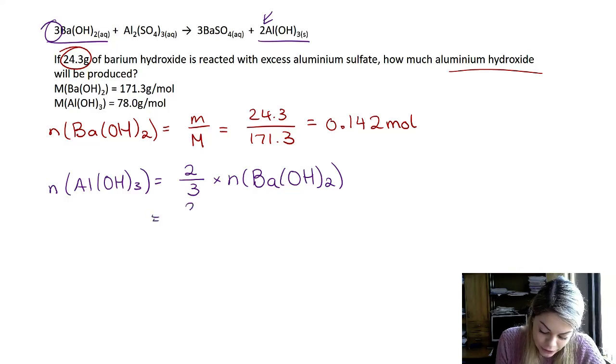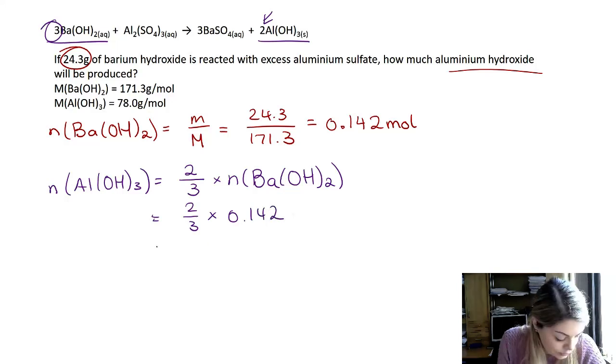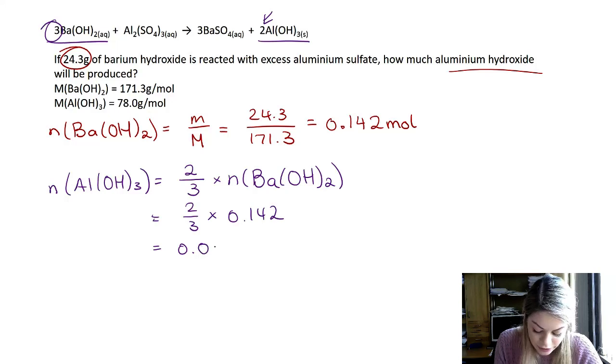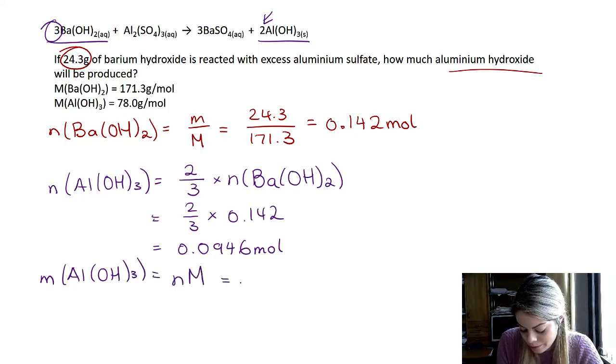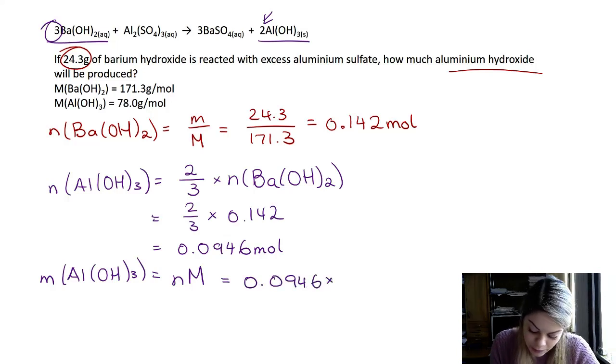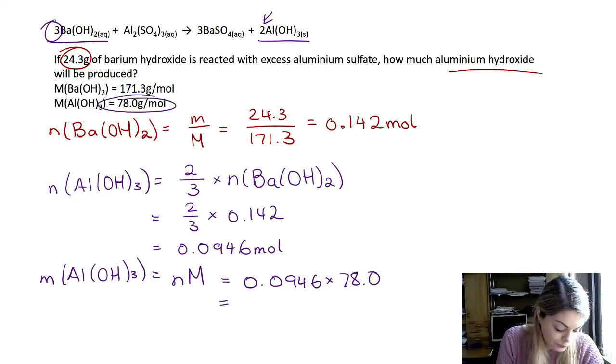Okay, so 2/3 of 0.142 is 0.0946 moles. So therefore the mass of aluminium hydroxide is the number of moles times the molar mass of aluminium hydroxide, so 0.0946 times by 78.0, which is given up here.